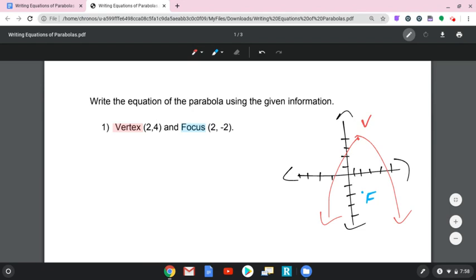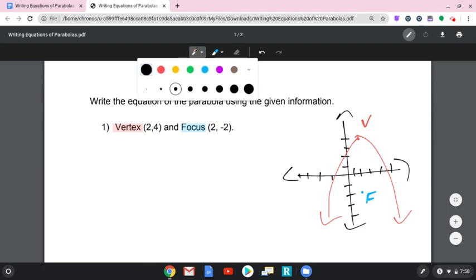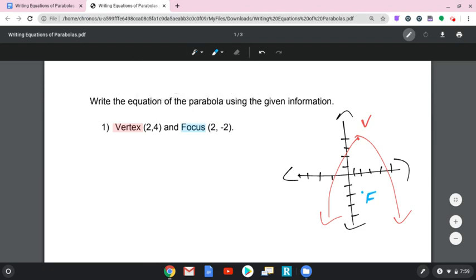So the formula that I'm going to look at, because I know it is an up and down parabola, is (x - h)^2 = 4p(y - k).